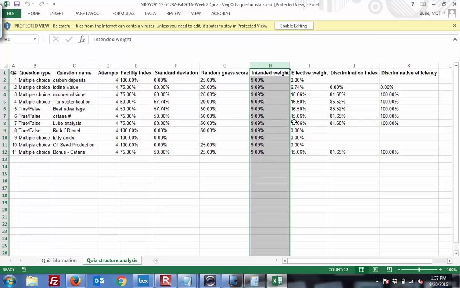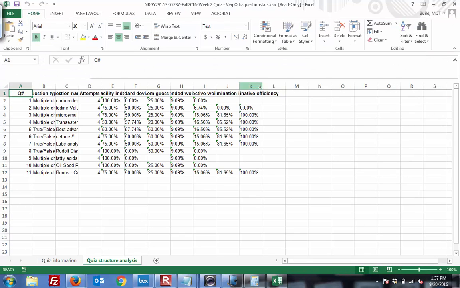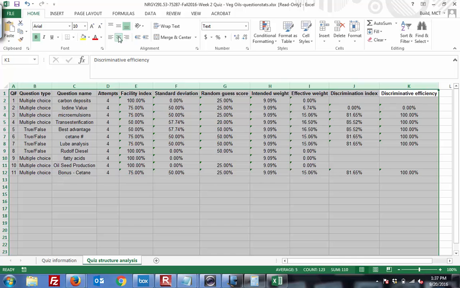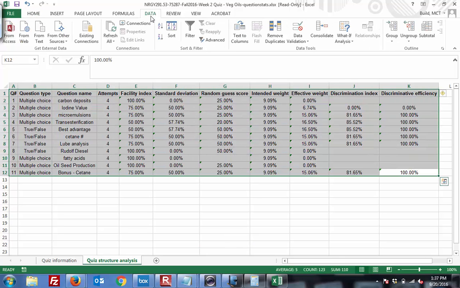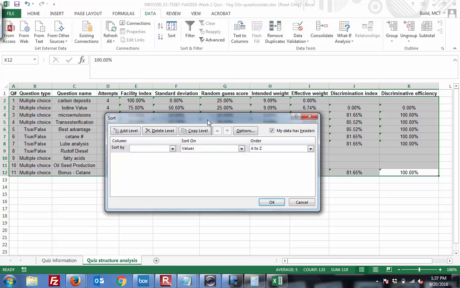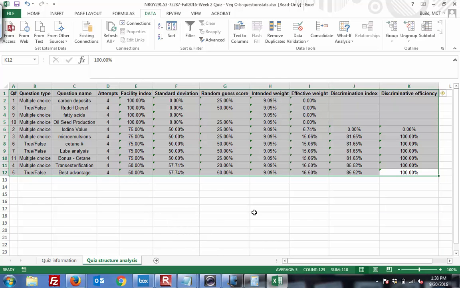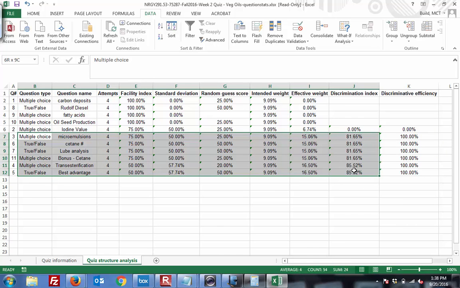The effective weight, if I take this data and parse it out like this, center it so it's easier to read, and sort it by the effective weight, it looks like these questions had more weight because they were the ones that were missed more frequently.